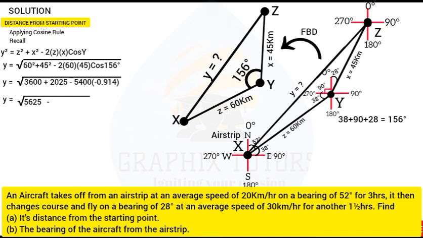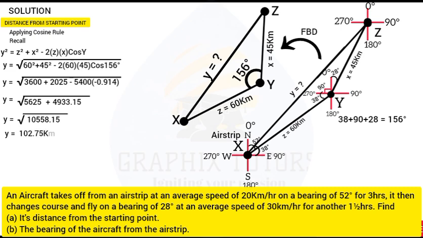Then 5400 times minus 0.914 will give us minus 4933.15. When you multiply the minus with this minus here, it becomes plus. So y will now be the square root of, if you add everything all together, 10,558.15. And y will now be equal to the square root of 10,558.15, which is what?